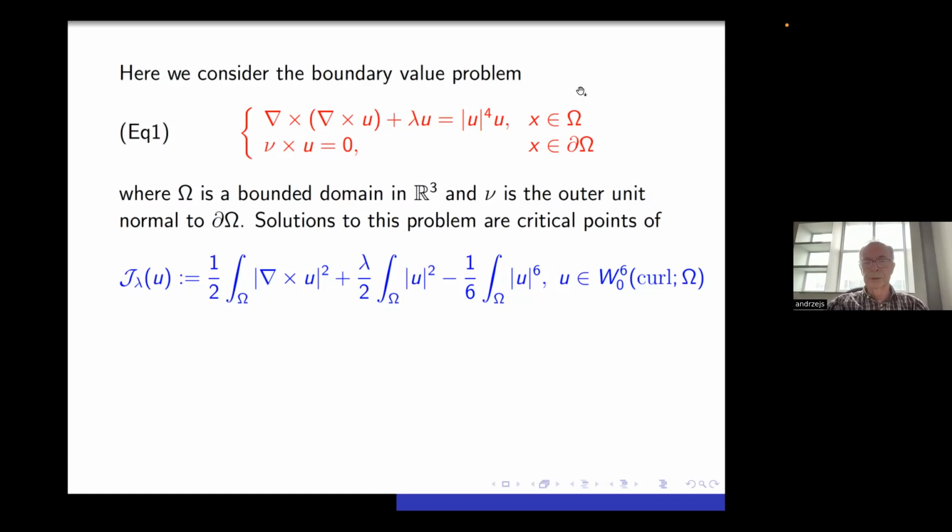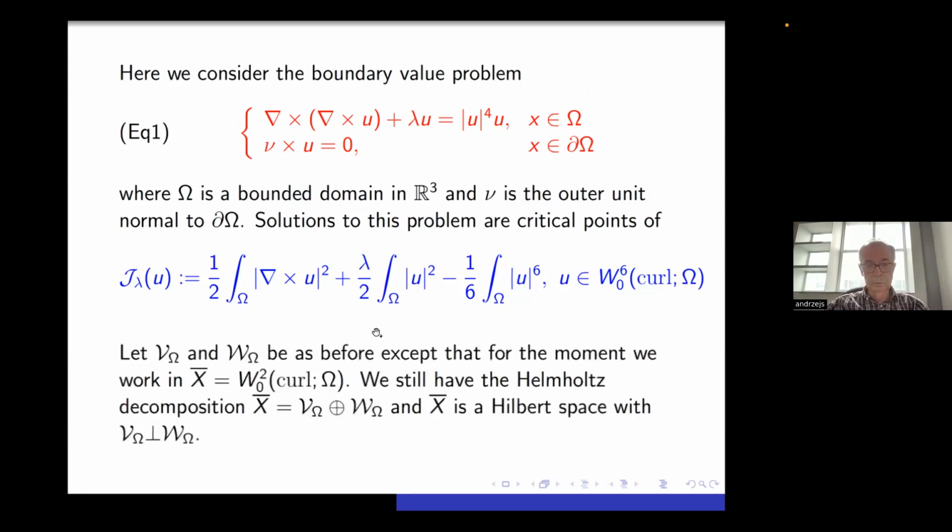So in omega, there is no electric field E. And the functional would look like that. So here the extra term is this one.